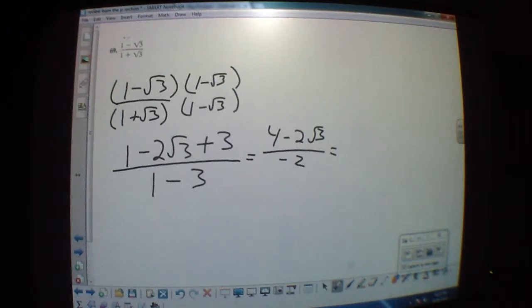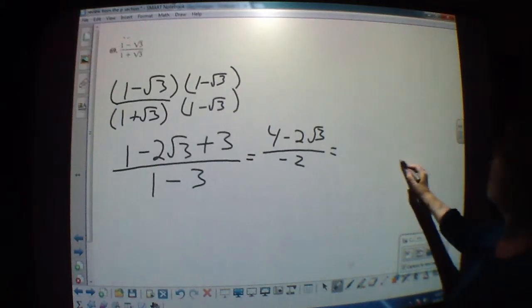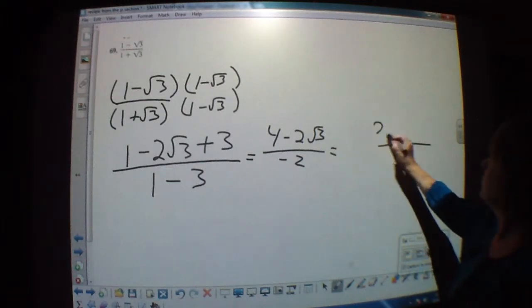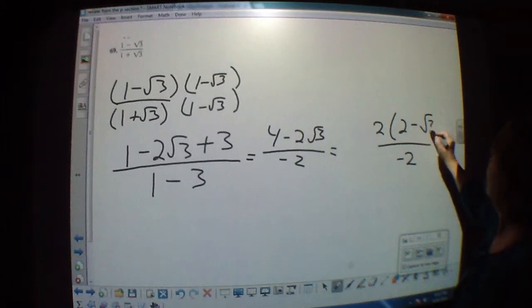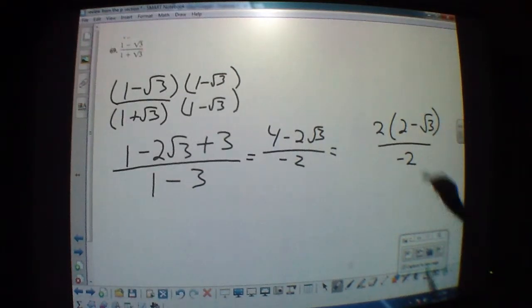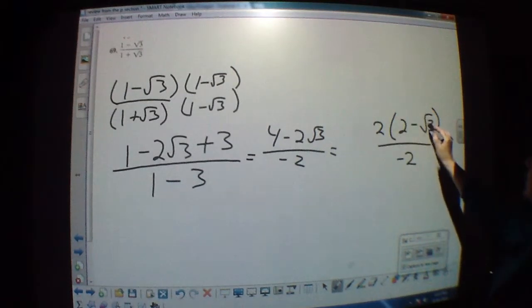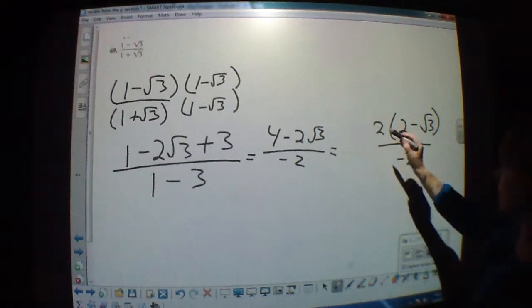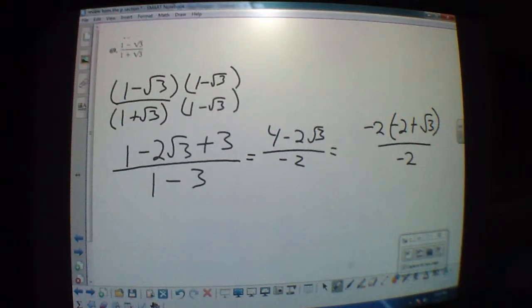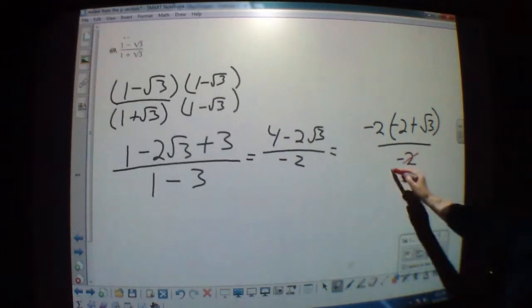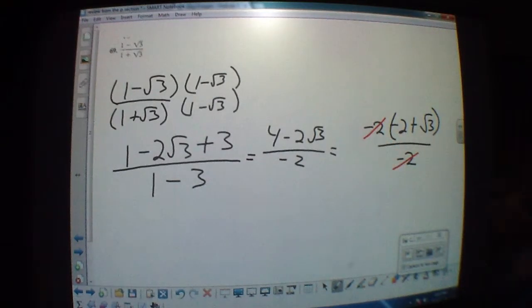From this point, there are 2 different ways to do this. One would be, I could factor out a 2. Two times 2 is 4, and that's the 2 radical 3. I could have factored out a negative 2. There's a negative 2, and cancel.